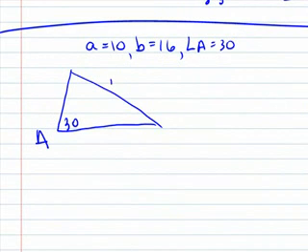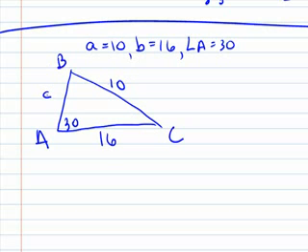A is 30, that would make that 10. B is 16. We don't know C or angle B or angle C. It is an angle side side. So approach with caution.